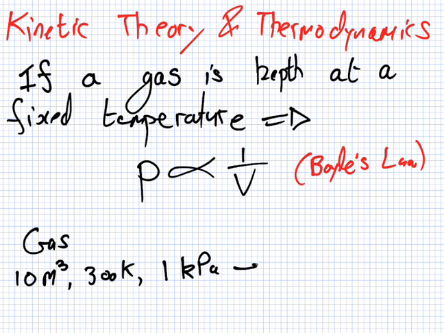And if you were to change this now to 5 meters cubed, keep it at 300 Kelvin, then what would happen to the pressure? Does it increase or decrease based off of this formula?